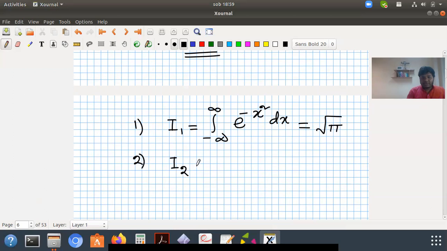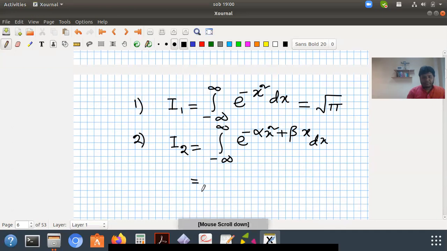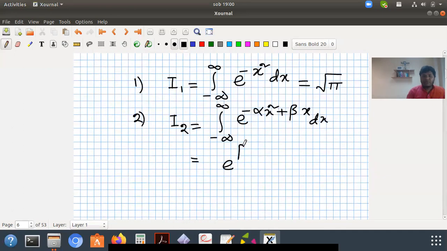Our second integration we define from minus infinity to plus infinity e to the power minus alpha x square plus beta x dx, and that equals e to the power beta square by 4 alpha, into square root of pi over alpha.